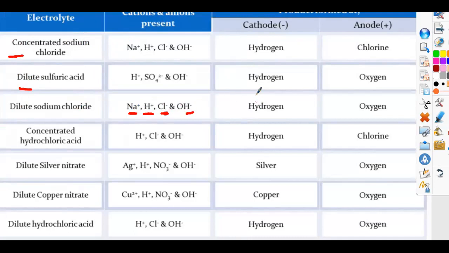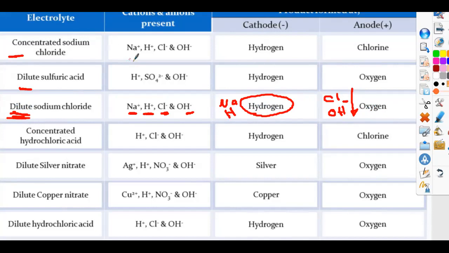Directed to the cathode are sodium and hydrogen, but the hydrogen is reduced because it's lower in activity. Directed to the anode are chlorine and hydroxide. According to the reactivity series for the negative particles, hydroxide is oxidized, forming oxygen. That is in the case of diluted solution.